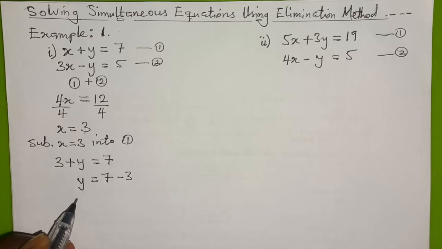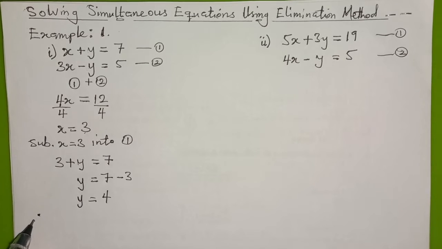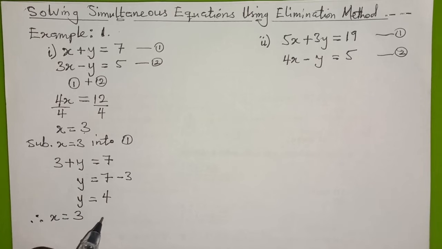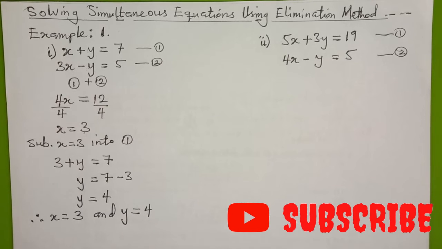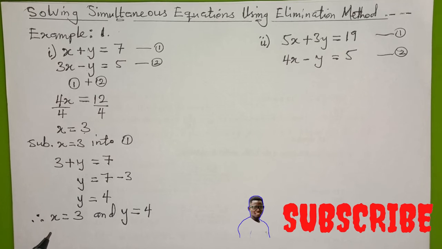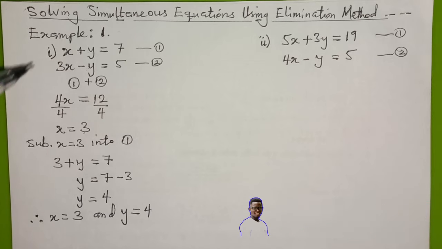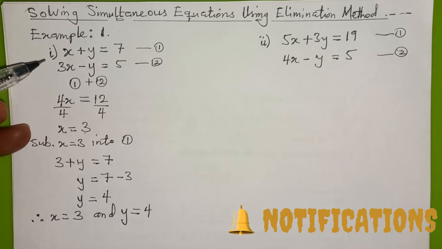Finally, our answer of y would become 4. Therefore, x is equal to 3 and y is equal to 4. This becomes our answer in our first simultaneous equation using the elimination method.